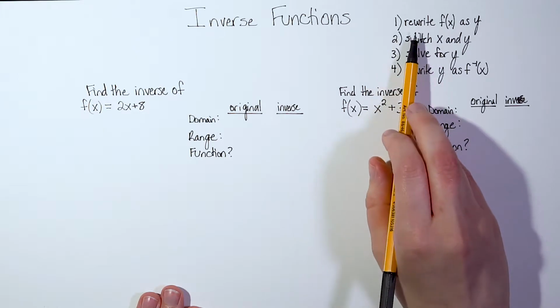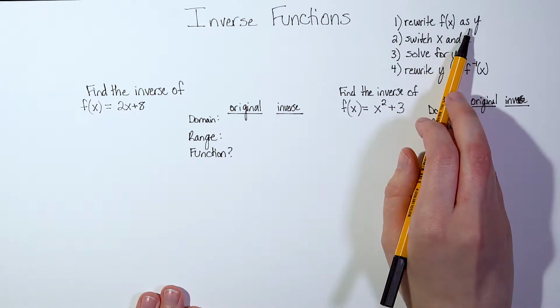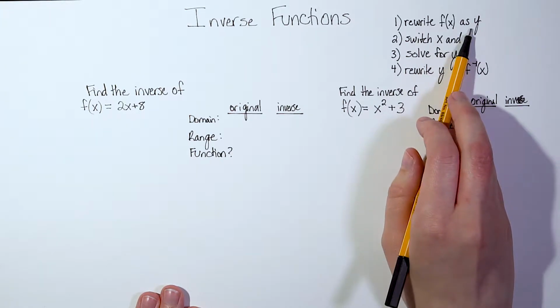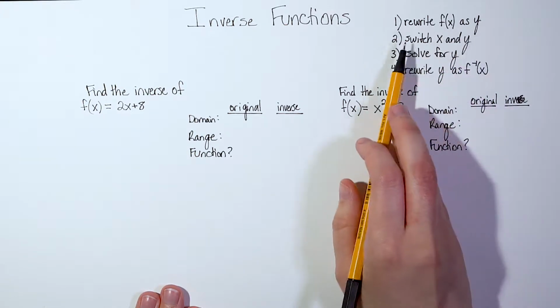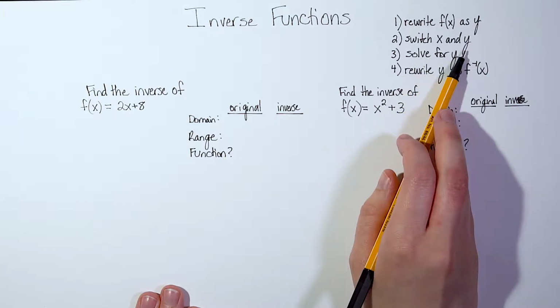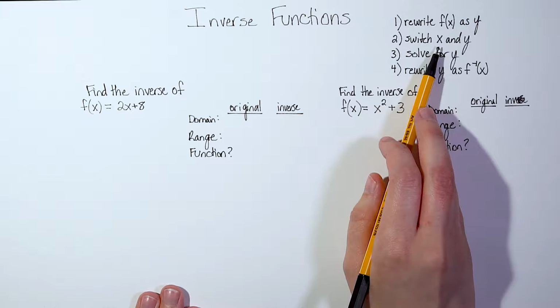So the first step is to rewrite f of x as y. And I literally mean, instead of writing f of x, we're just going to write y, right? Because we can use those interchangeably. For number 2, we're going to switch the x and y. So we're literally just going to take the x and the y and switch places.